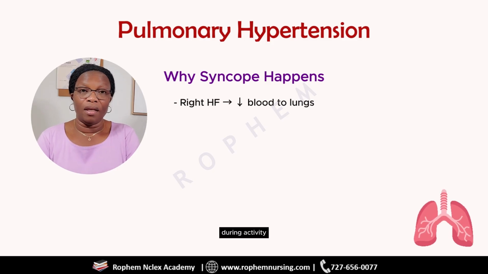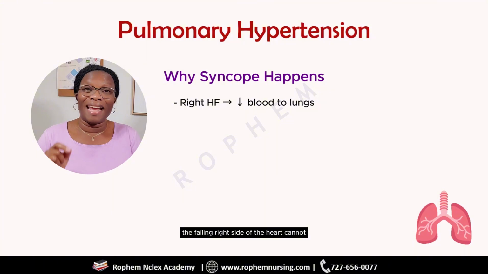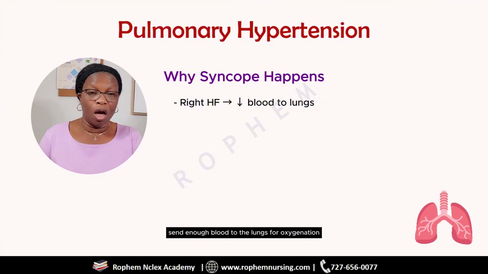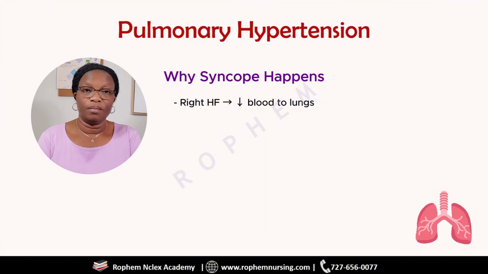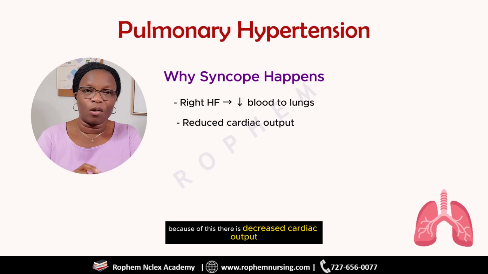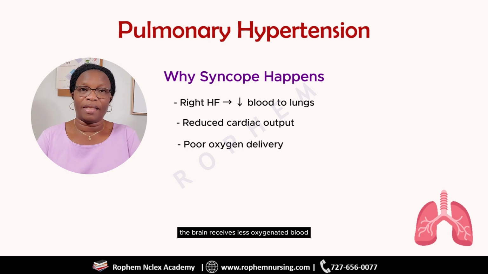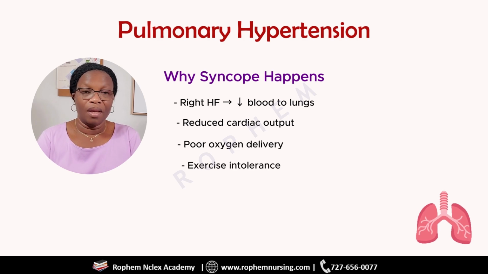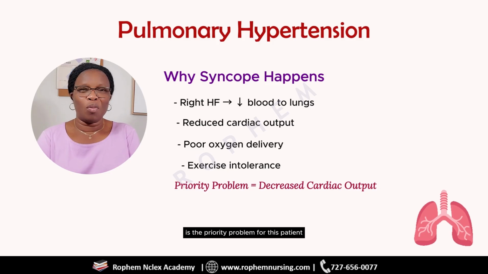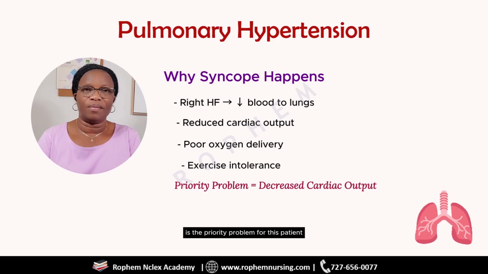During activity, the failing right side of the heart cannot send enough blood to the lungs for oxygenation. Because of this, there is decreased cardiac output. The brain receives less oxygenated blood, and that's the reason for dizziness or fainting. Decreased cardiac output is the priority problem for this patient.